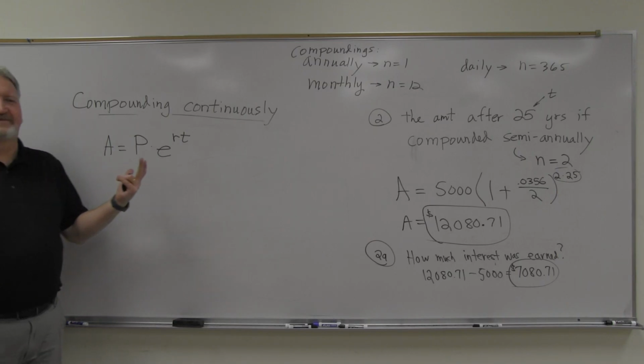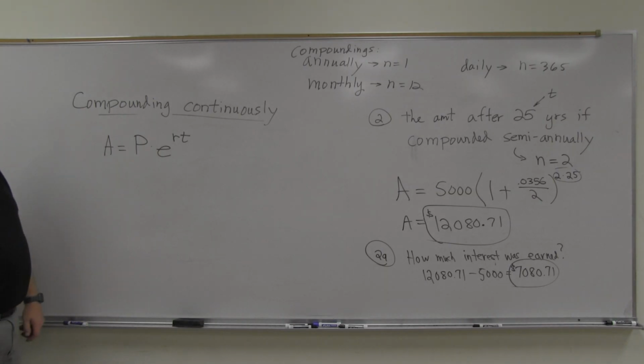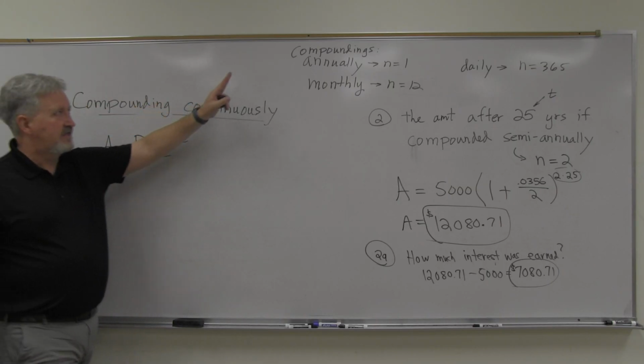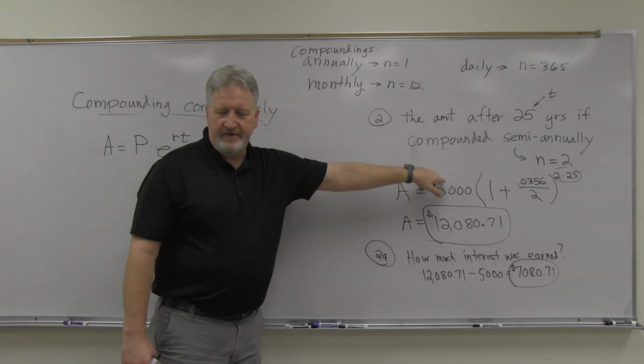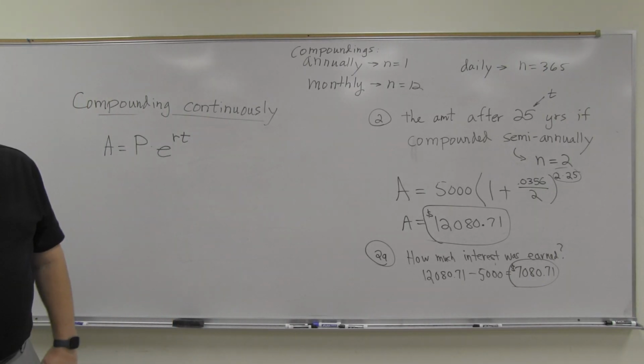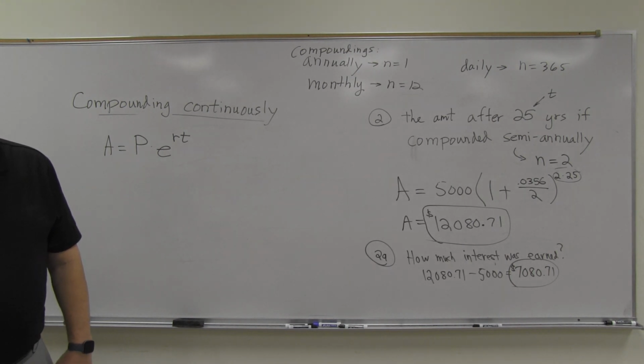It looks like the word PERT, almost. But anyway, that's what it is. If it's compounding continuously, then we are going to use the PERT formula. For any of these others, of course, you're using the longer formula, okay?